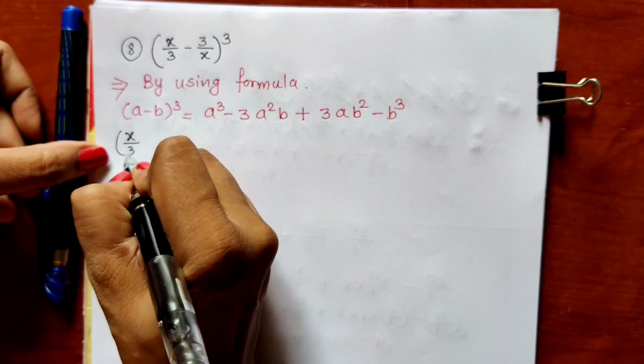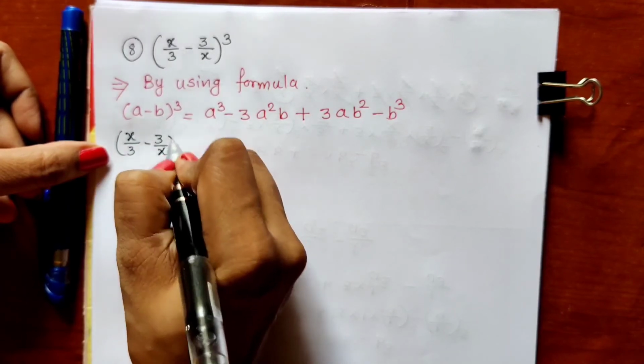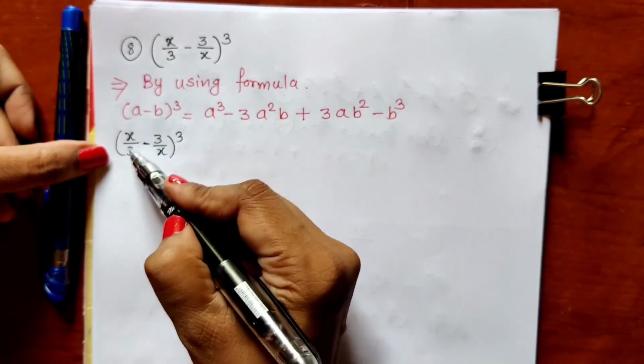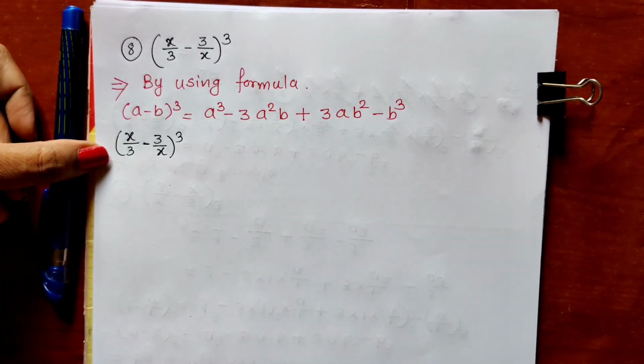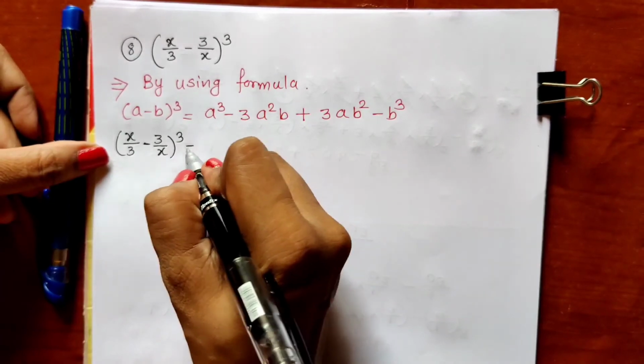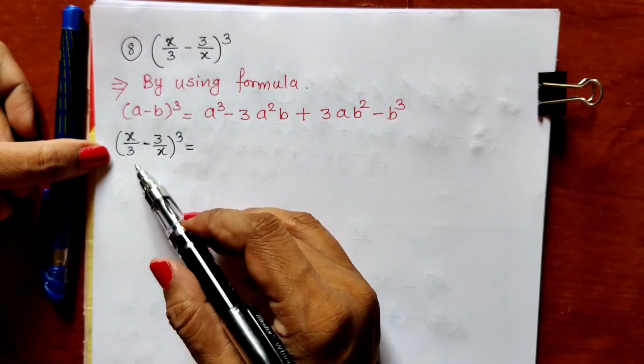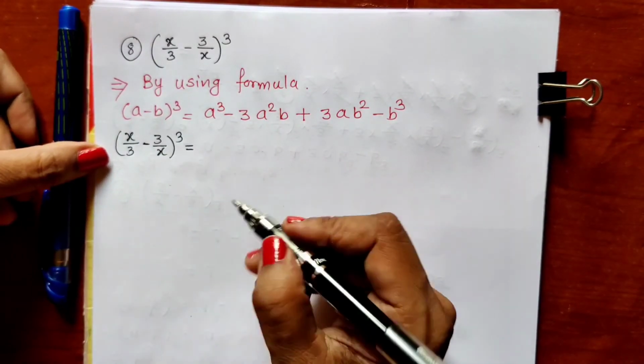x upon 3 minus 3 upon x whole cube. Now a is x upon 3, b is 3 upon x. So in place of a we will write x upon 3, in place of b we will write 3 upon x.